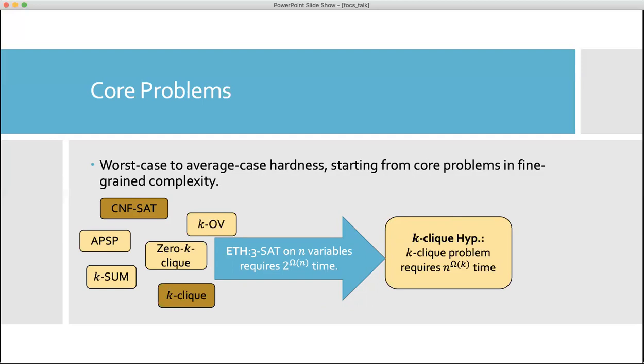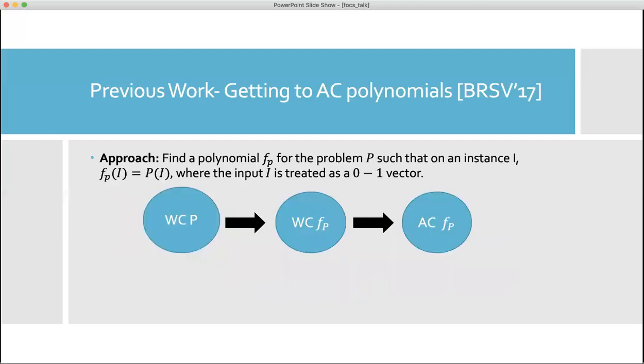Now let's go back to the average case. The first work that provided average case hardness with this approach was Ball et al.'s paper.